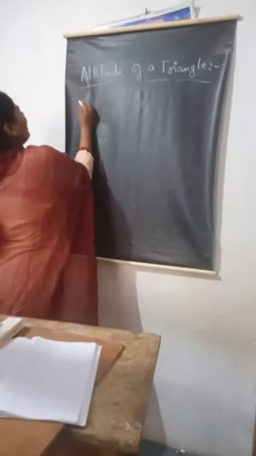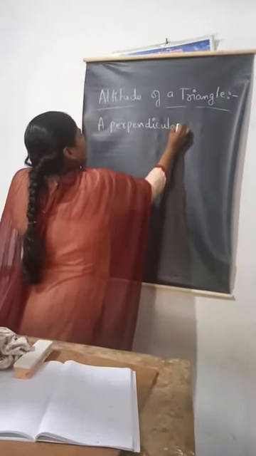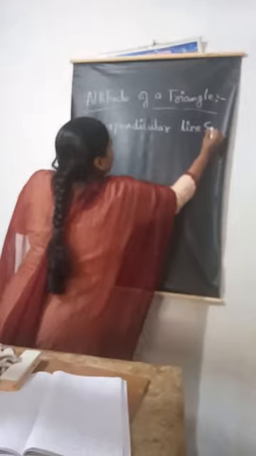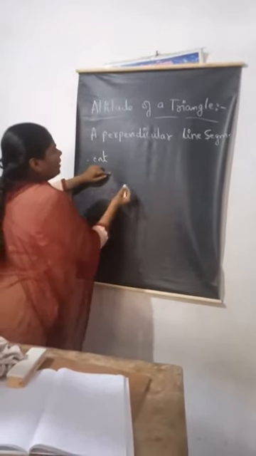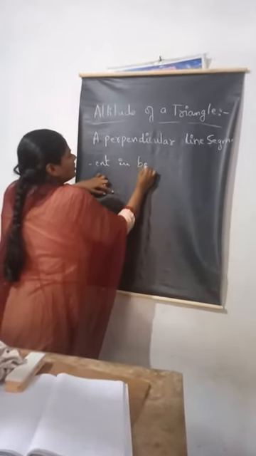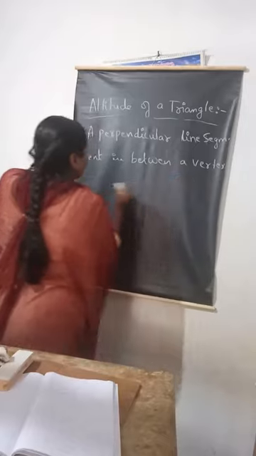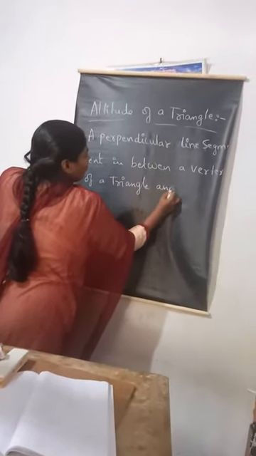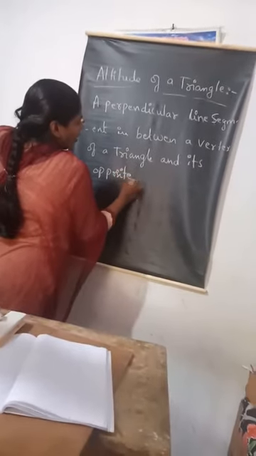Understand? Now, a perpendicular line segment between a vertex of a triangle and its opposite side is called the altitude of a triangle.